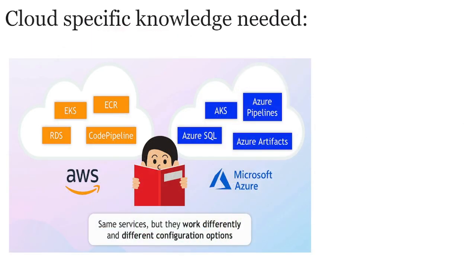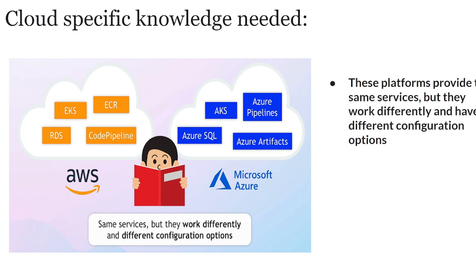And what specific knowledge is needed is shown in this slide. These platforms provide the same services, but they work very differently, and that is why we need to manage all the things. In AWS and Microsoft Azure, if you compare them both, they have many similar services, but they work differently because of their different configuration options.